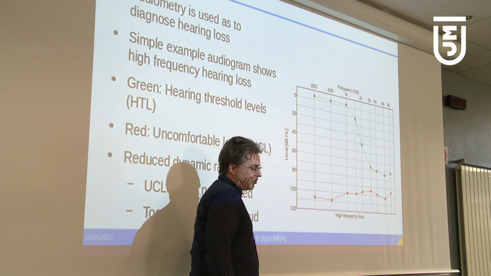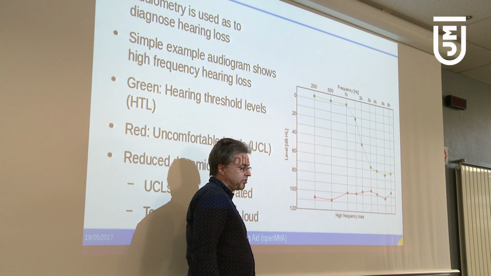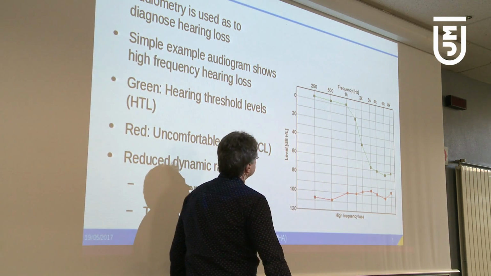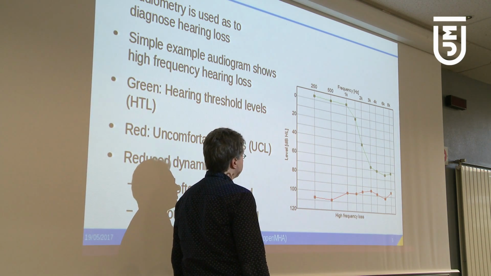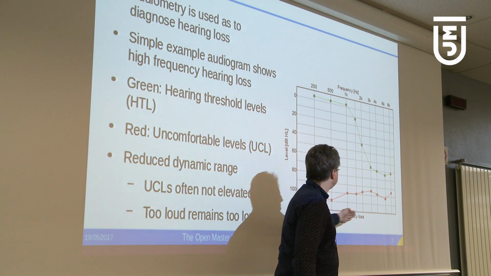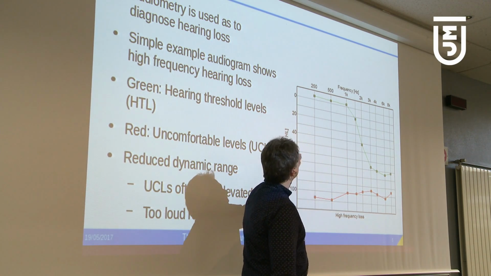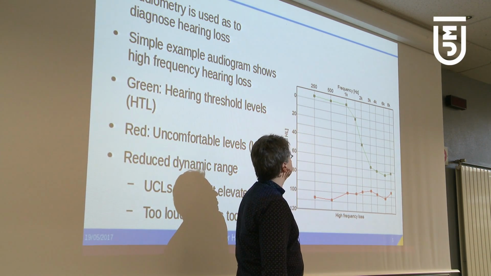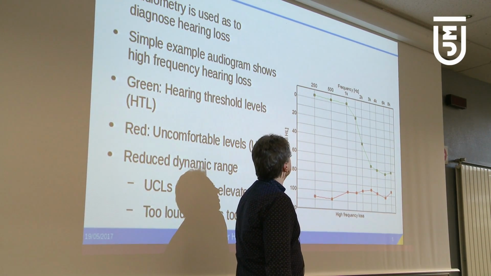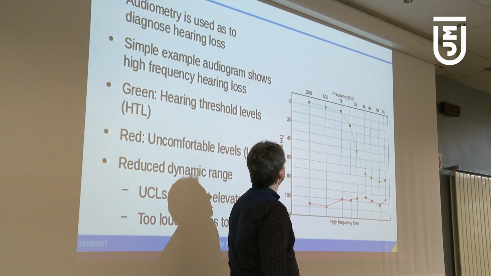Well, audiometry is used to diagnose this hearing loss. And an audiogram shows the extent of the hearing loss. An audiogram is such a diagram where you have a frequency axis from left to right. Usually it's measured up to 8 kilohertz. And you then enter the hearing thresholds into this diagram.